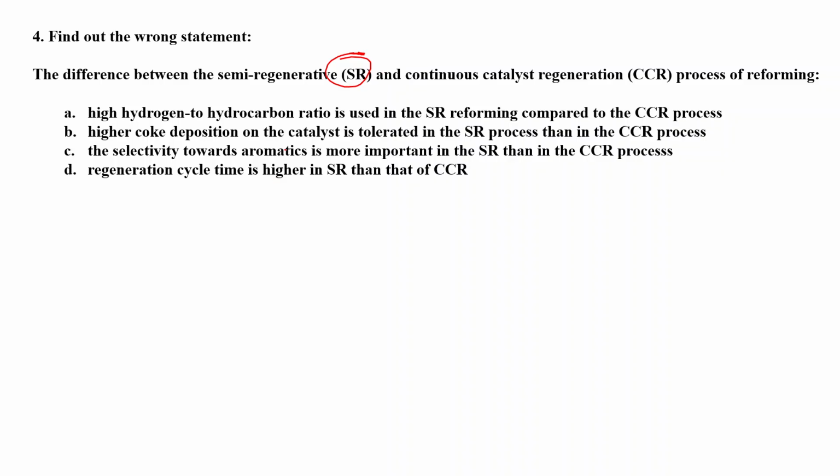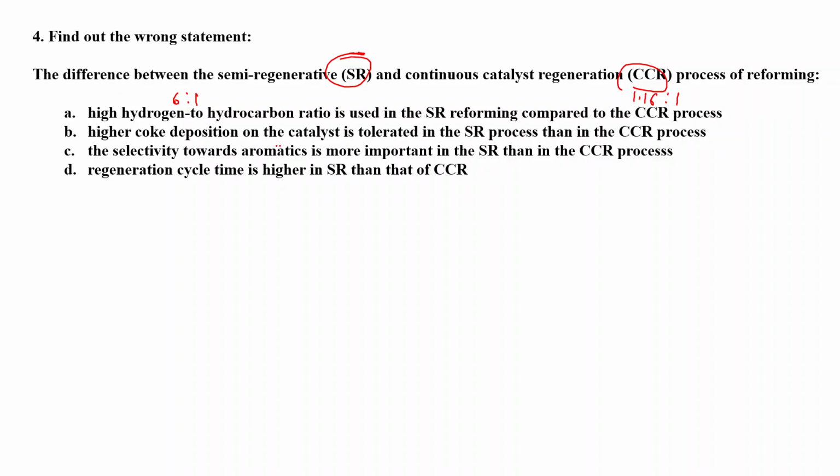So huge coke deposition takes place in the case of SR. So here the hydrogen to hydrocarbon ratio is almost 6:1, whereas in the case of CCR it may go down to 1.16 to 1 ratio, because in this case the catalytic coke deposition is not a problem. Higher coke deposition on the catalyst is tolerated in the SR process than in the CCR.